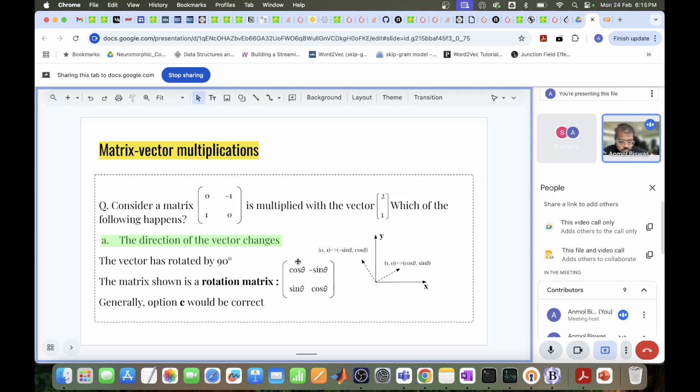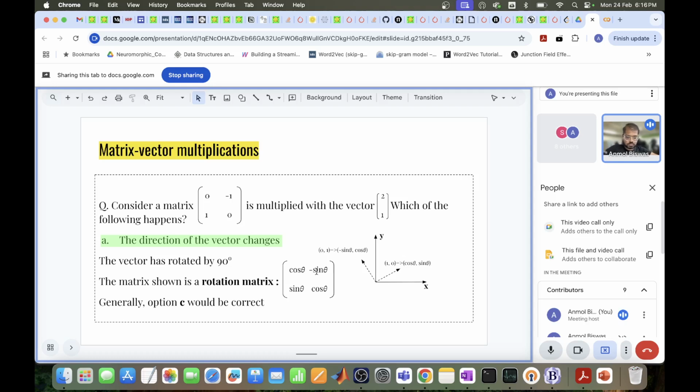So you get cos theta, sin theta here, and then for the y direction you put it next to it, minus sin theta, cos theta, and this is your overall rotation matrix. Any vector that belongs to this two-dimensional space, if you hit the vector with this matrix, it will be rotated by an angle theta in the counterclockwise direction, right? So this is a rotation matrix.